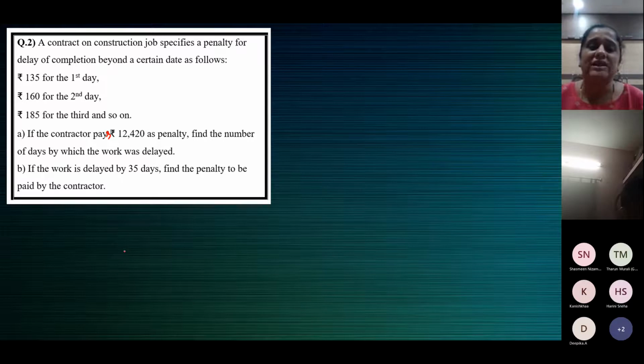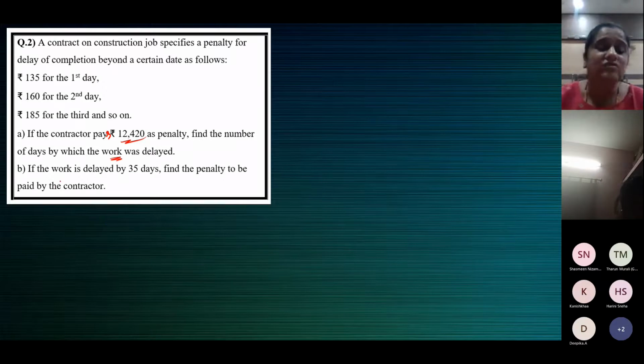So the job is delayed by some number of days. How many days he delayed, we do not know. That's what you'll have to find. The penalty paid is 12,420. Given this, you have to find the number of days by which the work was delayed.